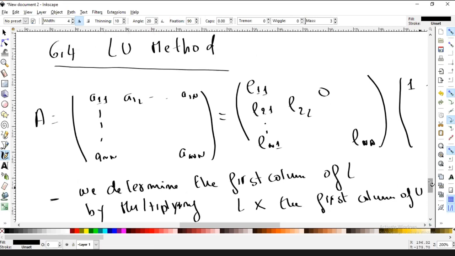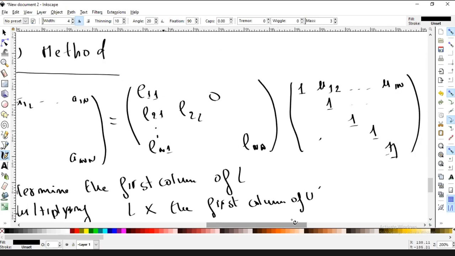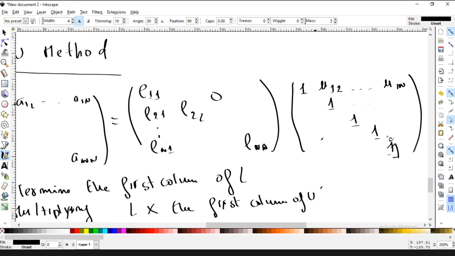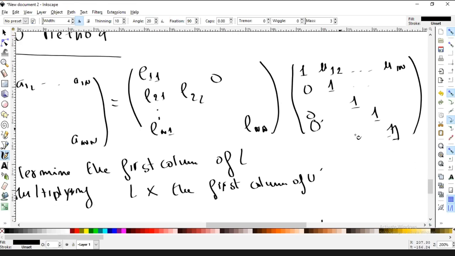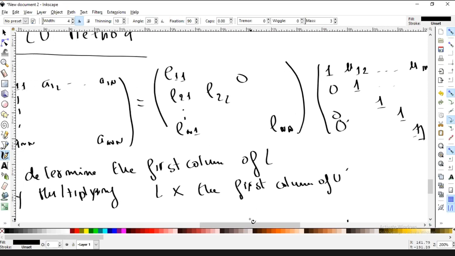I start by determining these. Here I have 0, 0, 0. The first column of U is this one. If I multiply the matrix L by the first column, I determine these elements.